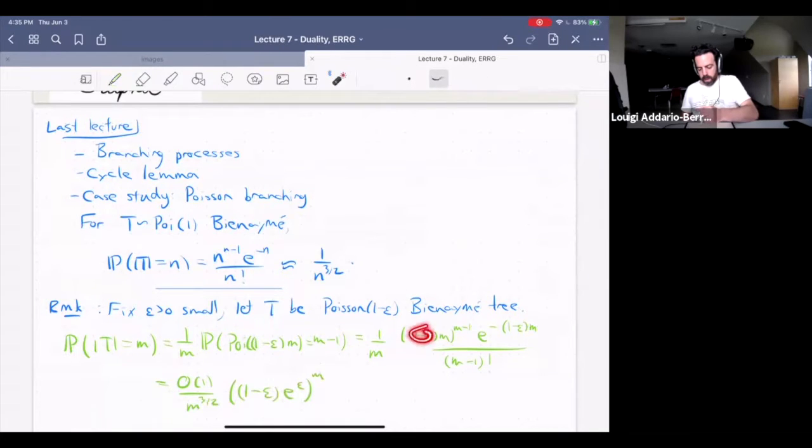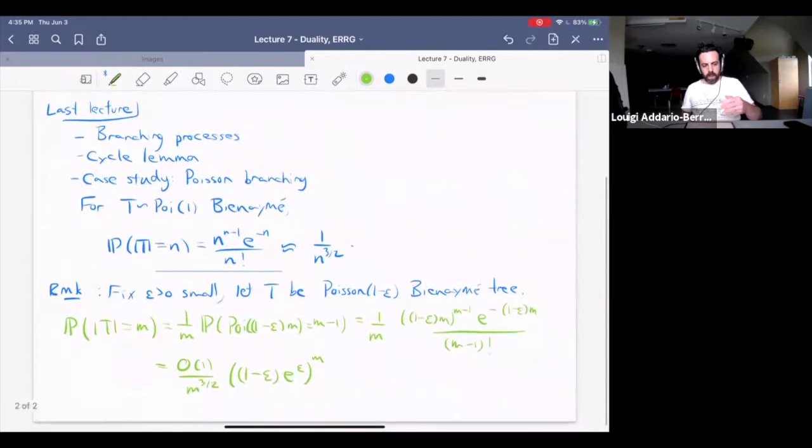Okay, so you get a 1 minus epsilon to the m from here, and then an e to the epsilon out of this exponential. And you can check that this is at most 1 minus epsilon squared on 2, and so this is at most order 1 on m to the 3/2, and then e to the minus epsilon squared m on 2.